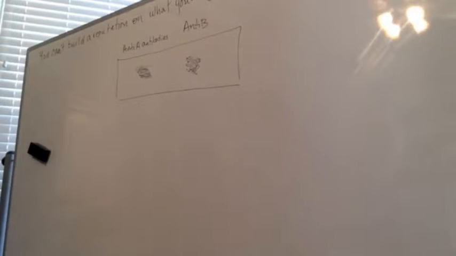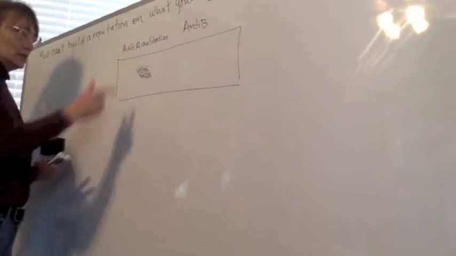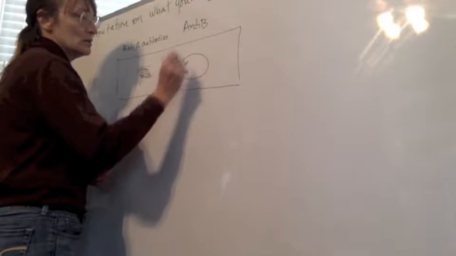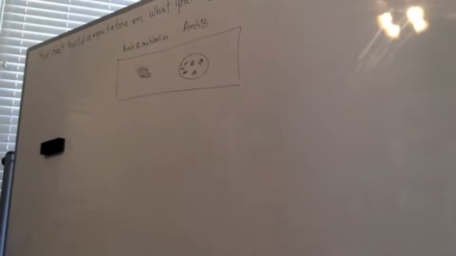Now, if your blood cells clump, your little blob of liquid there will turn clear with clumps in it. In other words, instead of looking like that, it'll look like this, clumps in it. Okay. So when you have clumps in something, that means you have an antibody in there against whatever it is.